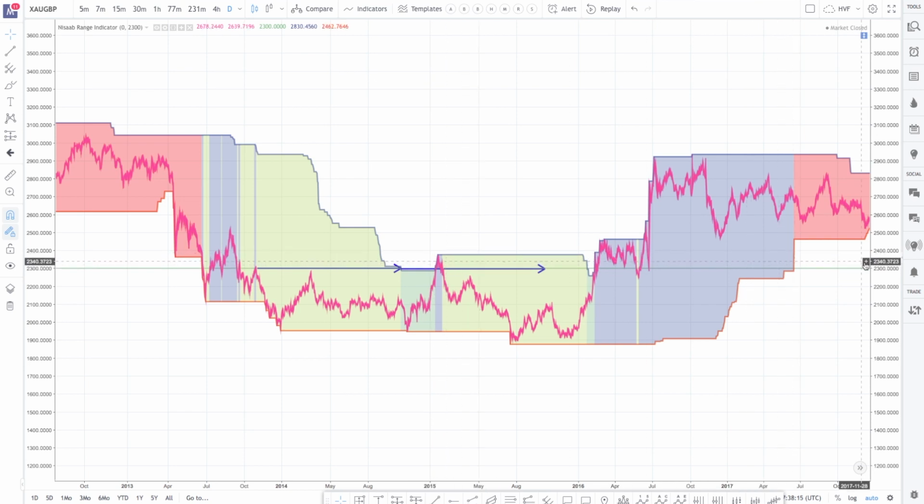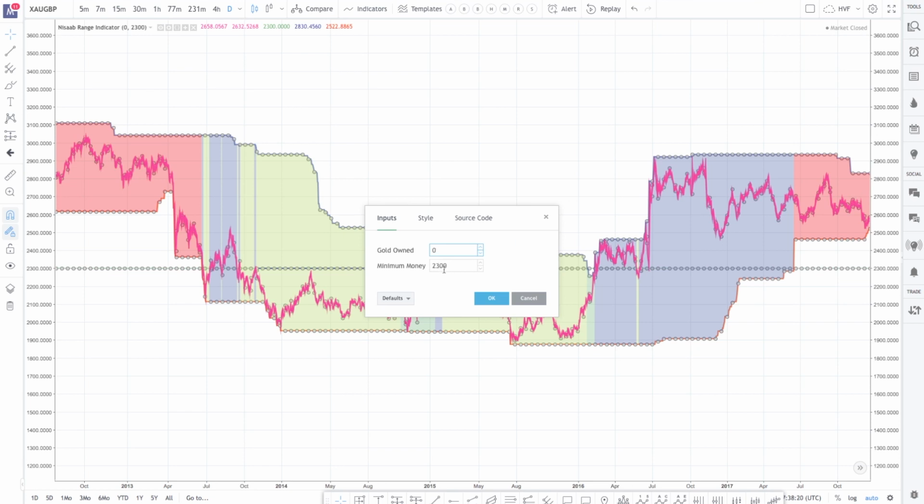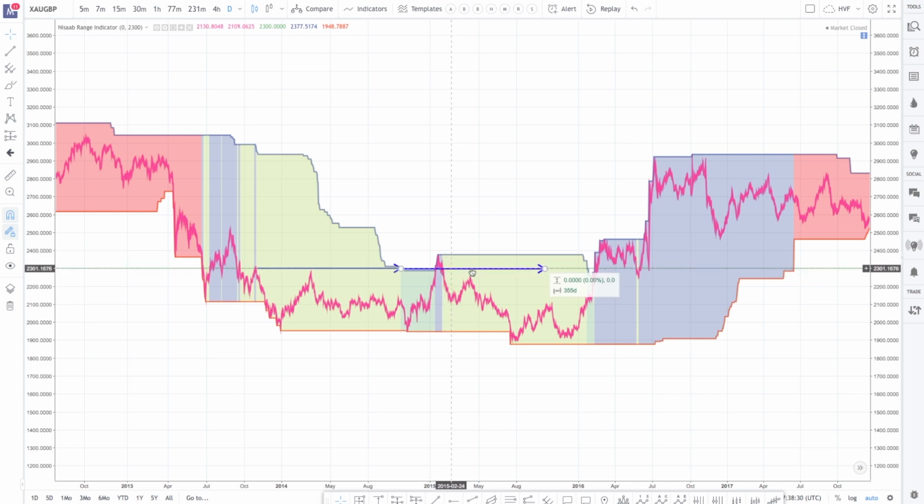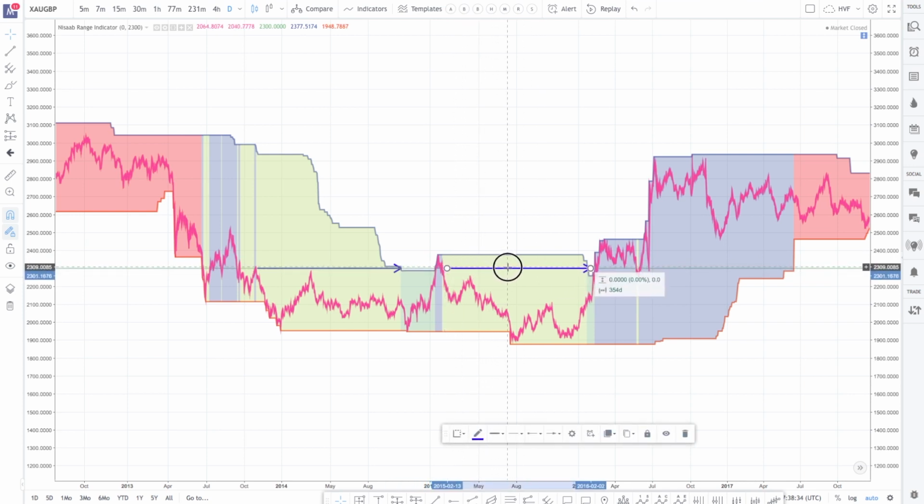Now remember, this line here of 2,300 pounds is only indicating the lowest amount of money you had throughout the year. So as long as during this period of time you had more money than Nisaab, then you still continue counting. But if you didn't, and you had below the Nisaab, then you start counting again from this moment onwards. And as you can see here, during this green period here, you have to pay zakah once again.